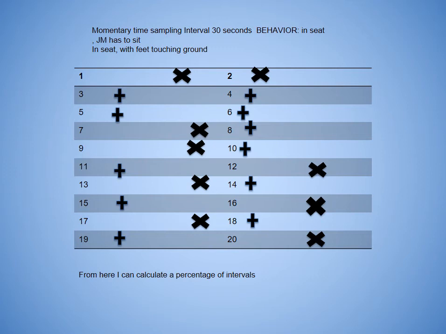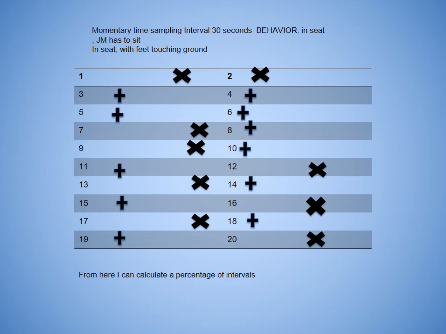So in interval 1, the person looked up at the 30-second point. Jam was not in their seat, so they put an X. At the 30-second point of interval 2, so now we're a whole minute into it, they looked up, Jam was not in their seat, so they mark X. At the minute and 30 point, the next 30-second interval is up, they look up, and Jam was in his seat, so they would put a plus.